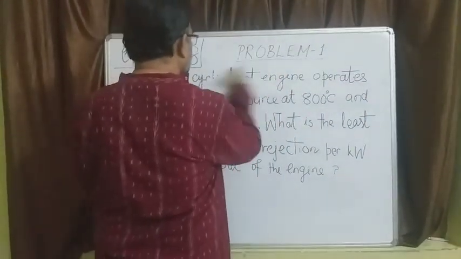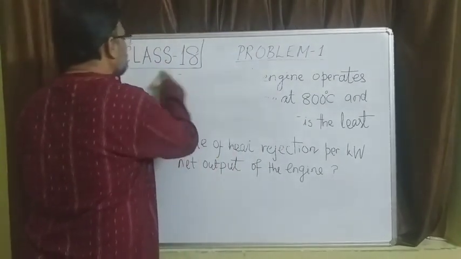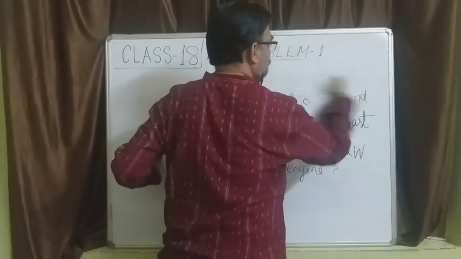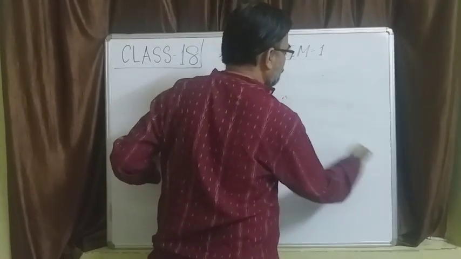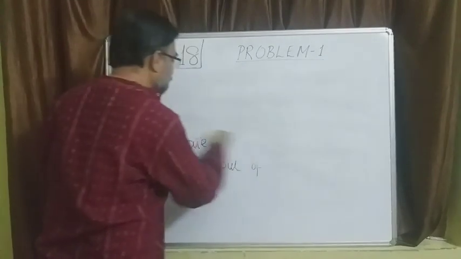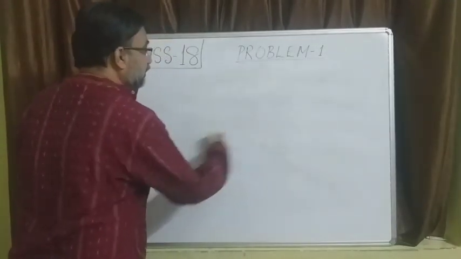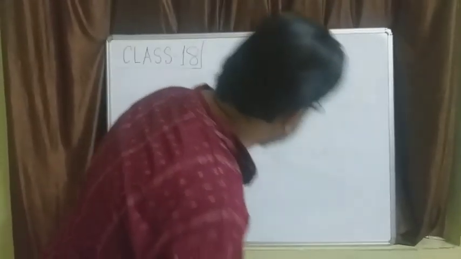Now we will solve this problem step by step. It is a very simple problem, and by now if you have understood it, you can also find the solution and get the final answer. That is not an issue.